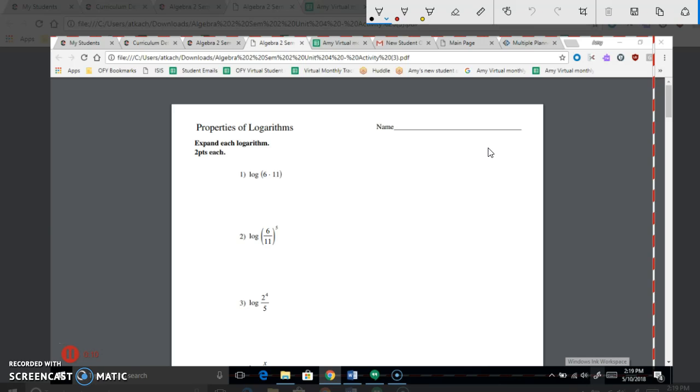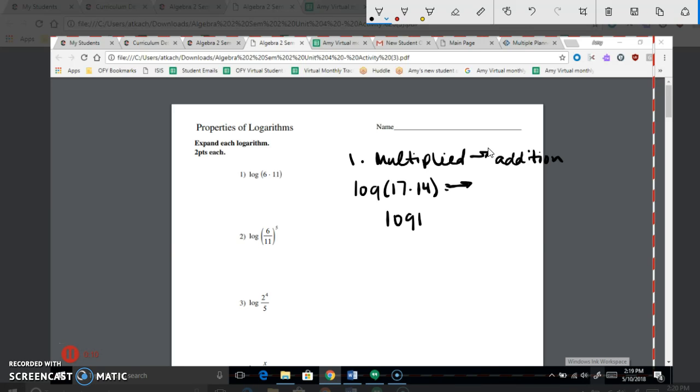Okay, so pretty much there are just a few things that you need to know about expanding. The first one is, if two things are being multiplied, when you expand them, they become addition. So that means if we have something like log of 17 times 14, that will turn into the log of 17 plus the log of 14, okay?